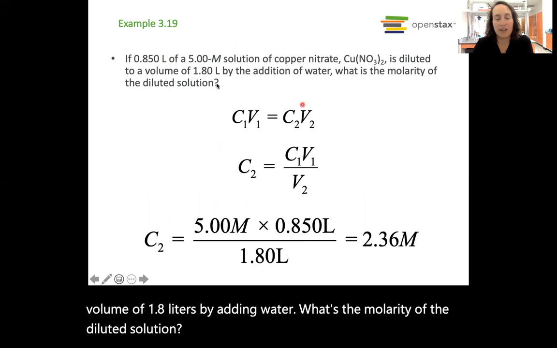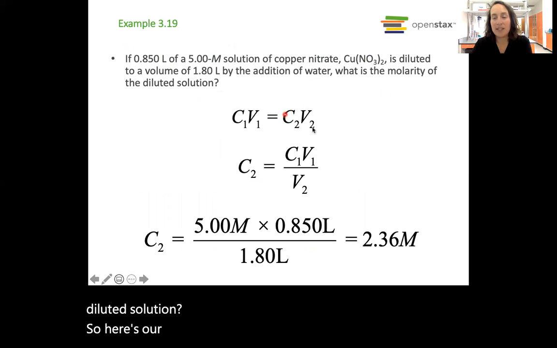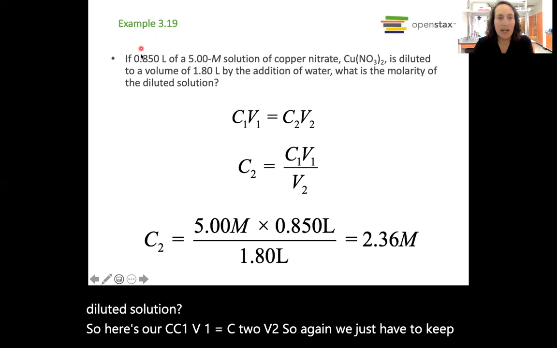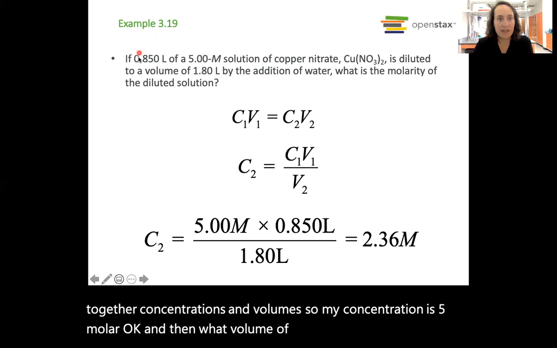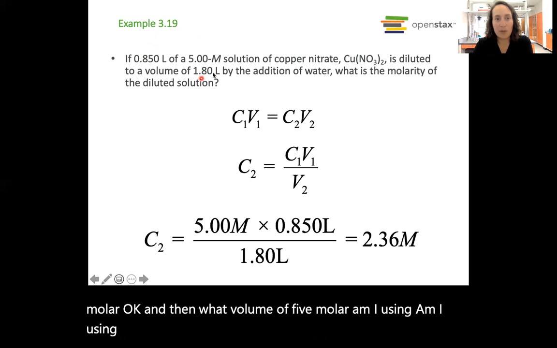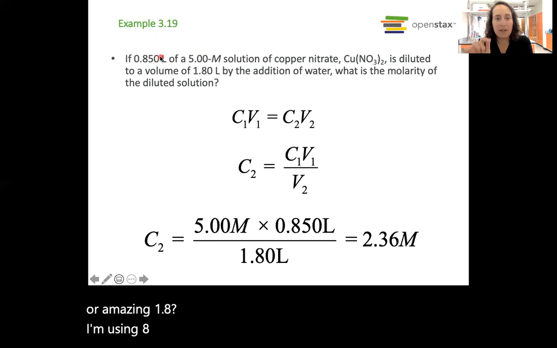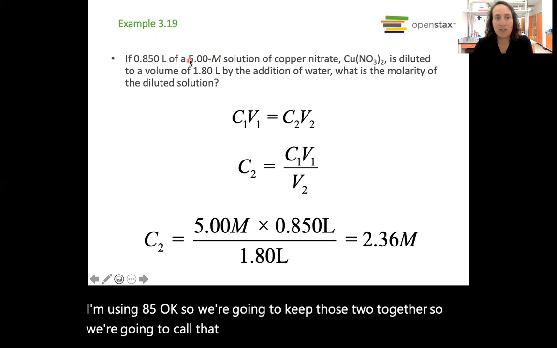Here's our C1V1 equals C2V2. Again, we just have to keep concentrations and volumes together. My concentration is 5 molar. What volume of 5 molar am I using, 0.85 or 1.8? I'm using 0.85. So we keep those two together: C1 is 5, and V1 is 0.85.